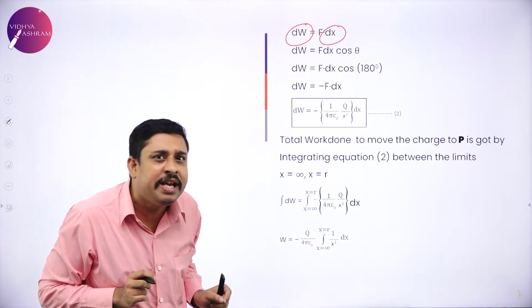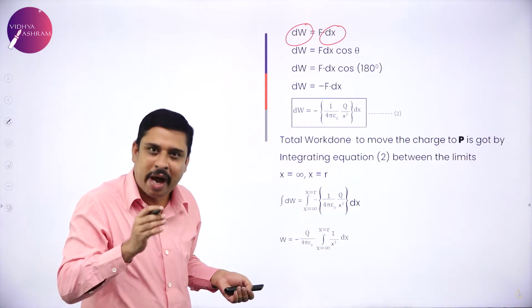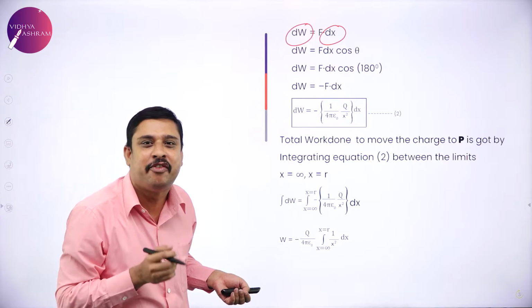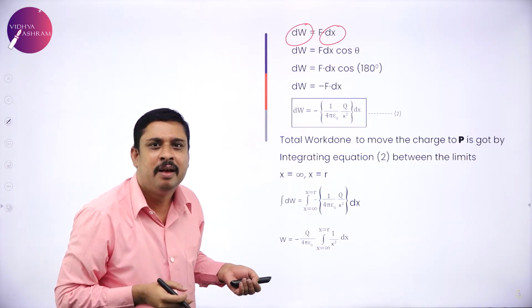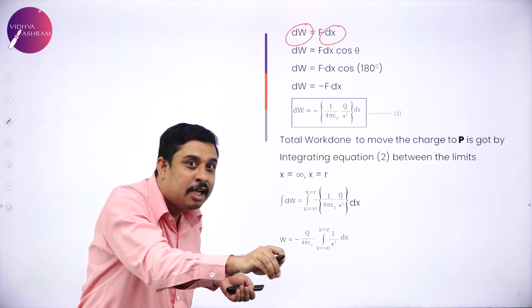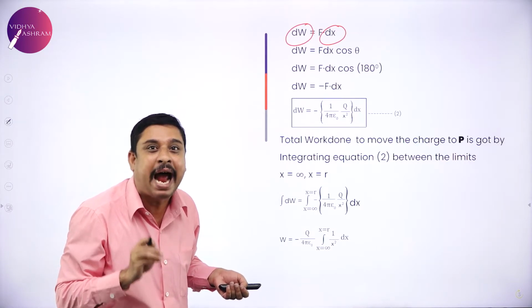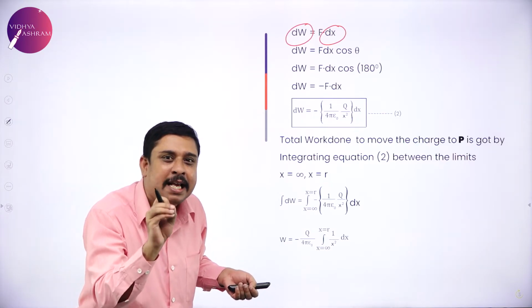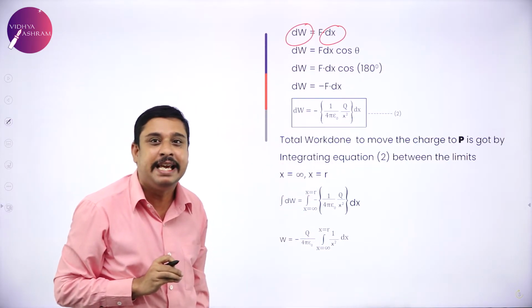Am I not moving the charge from infinity? Yes. Do I know that actual distance, infinity? No. Somewhere outside the field. But I knew that after doing some work, a small amount of work, the charge was placed at A. Then I moved it a small interval to B through a distance dx.